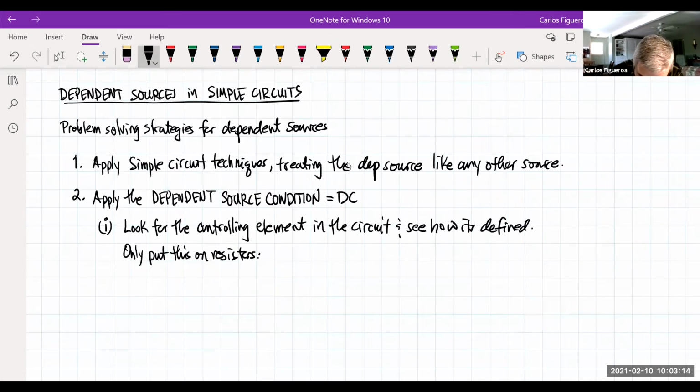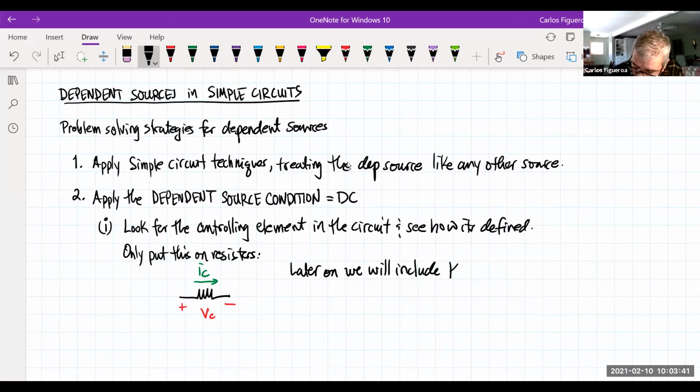That means I'm going to have a resistor like this, and you're going to see that the controlling quantity is going to be either the voltage across this resistor, or the current through this resistor. And you're going to find that later on, we will include KCL nodes and KVL loops.